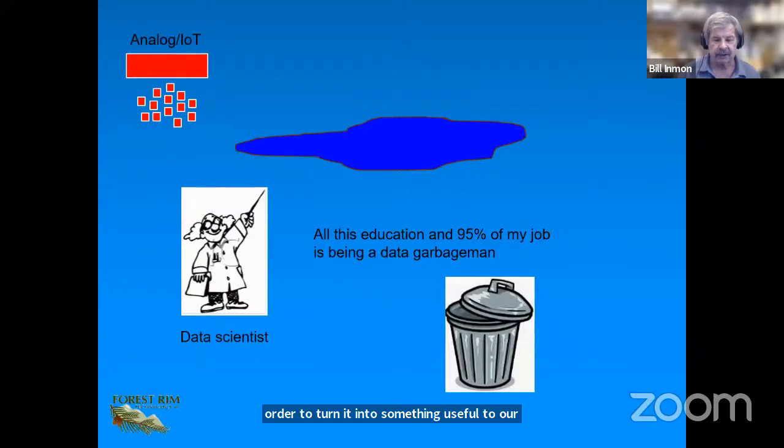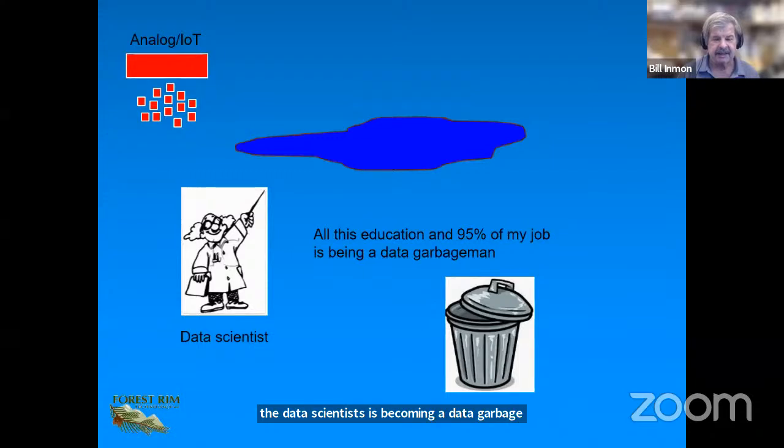Now, who is this important to? Well, it's important to a lot of people, but perhaps the community that it's the most useful to is the data scientist. I can't tell you how many times I've talked to data scientists telling me, you go to school, you learn all of this wonderful statistical information, you go to the real world, become a data scientist, and 95% of the job of the data scientist is becoming a data garbage man.